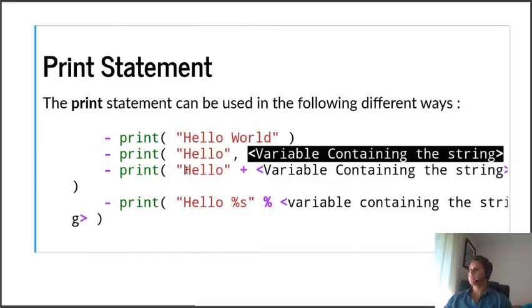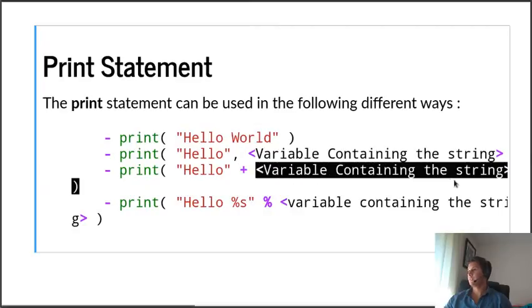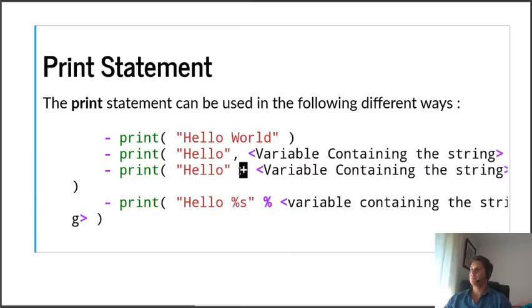Here, when you have an addition sign, you can concatenate the strings. For example, if this is a string saying how are you, and you put a plus sign, it will concatenate how are you without a space. So you'll get hello without a space and how are you.